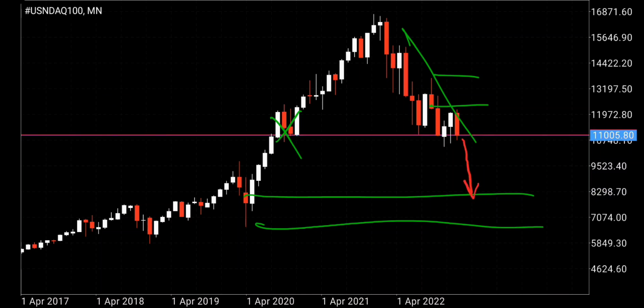It might not happen, but based on how the structure looks on this chart, there's a higher chance of the price going there than going there. Because we are bearish, we still need to break that bearish trend line and we still need to break that resistance. There's a lot of stuff we need to pass before we can go all the way up. So we will remain biased to the downside until that changes on the bigger time frame.